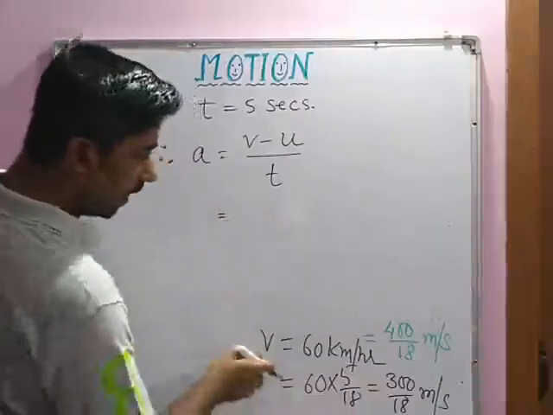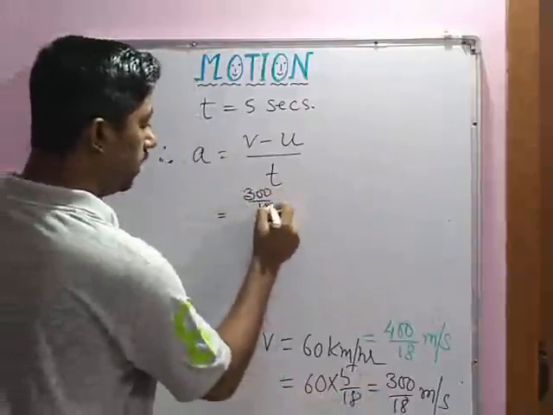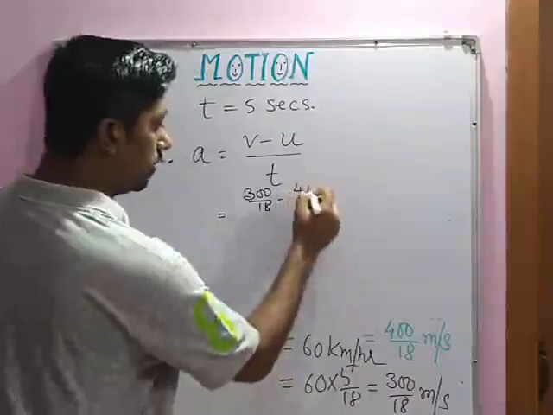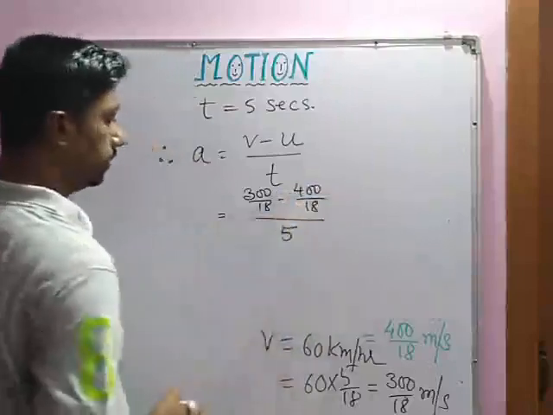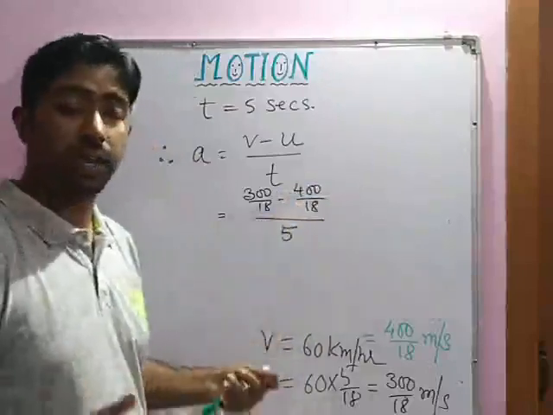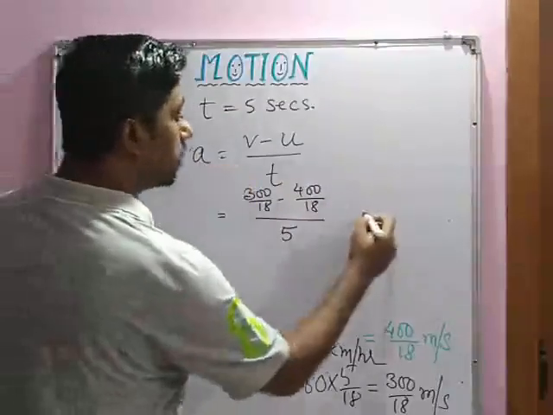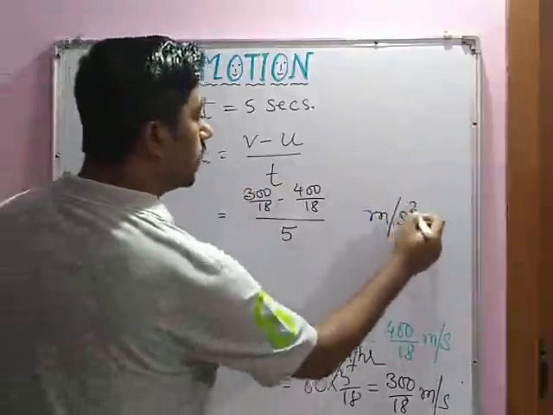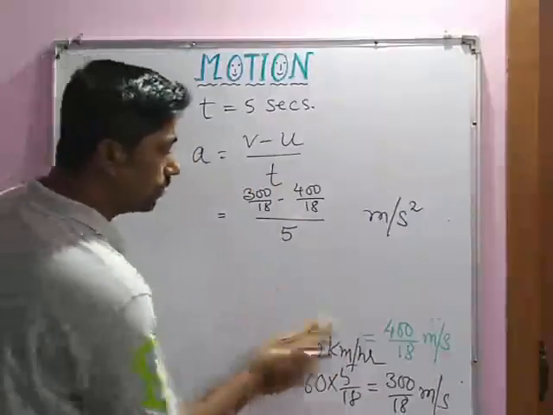Your final velocity is 300 by 18, initial velocity is 400 by 18, divided by 5. Since we have converted everything into SI units, acceleration will have the unit of meter per second square. Remaining is calculation.